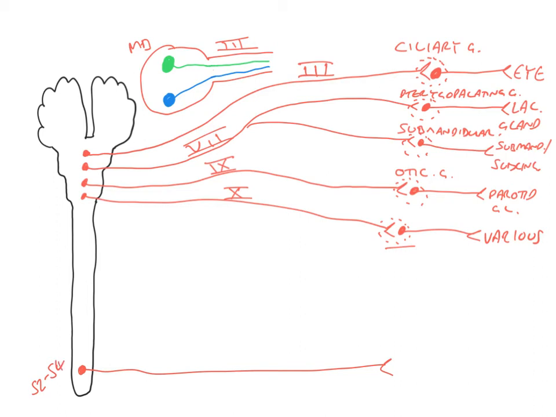Okay? These parasympathetics from the sacral cord typically supply pelvic structures, pelvic viscera, such as the bladder or the reproductive organs. So they supply pelvic viscera.